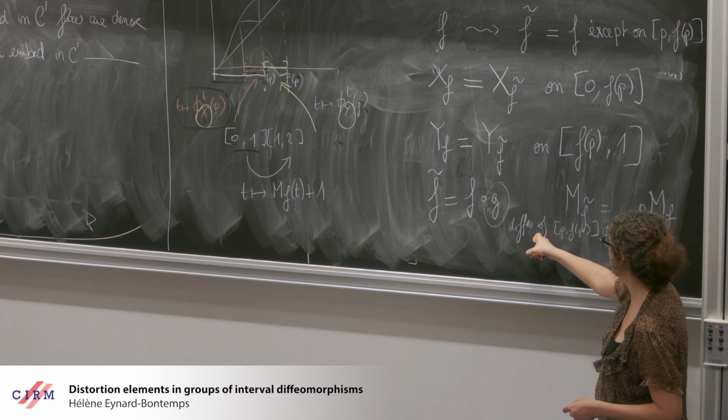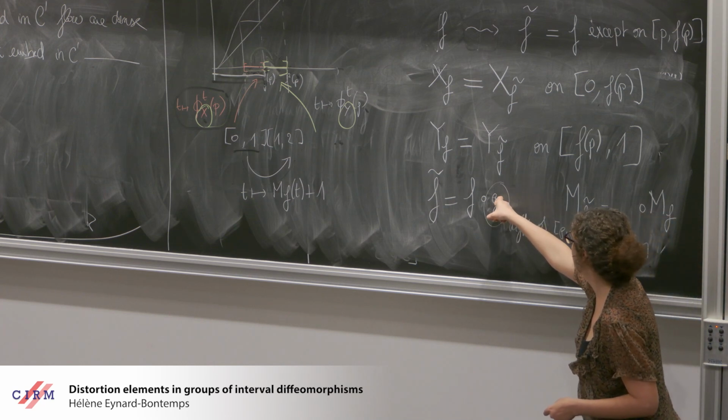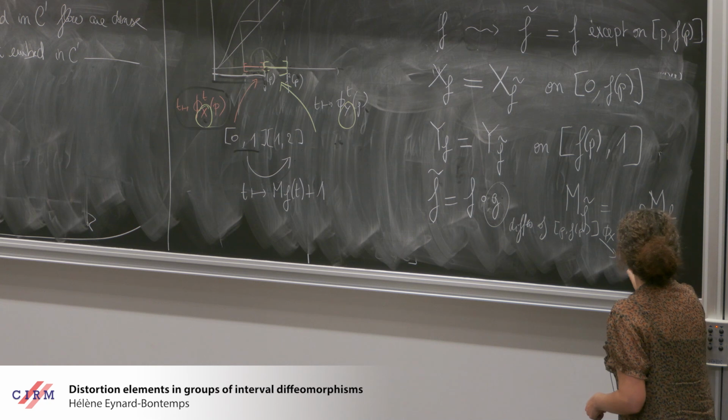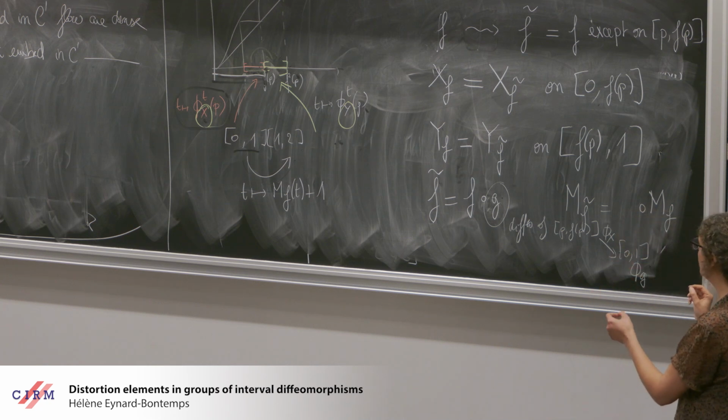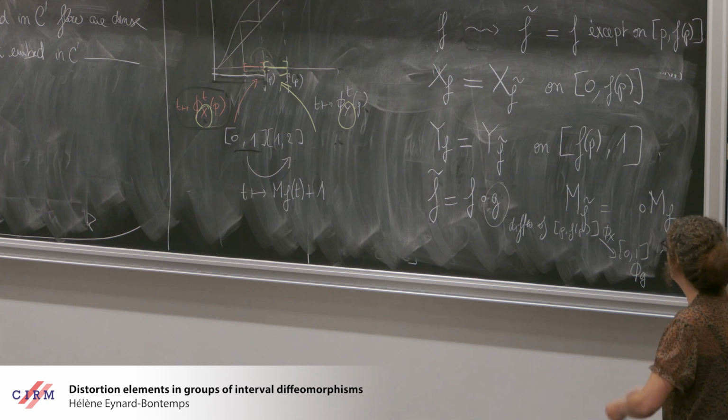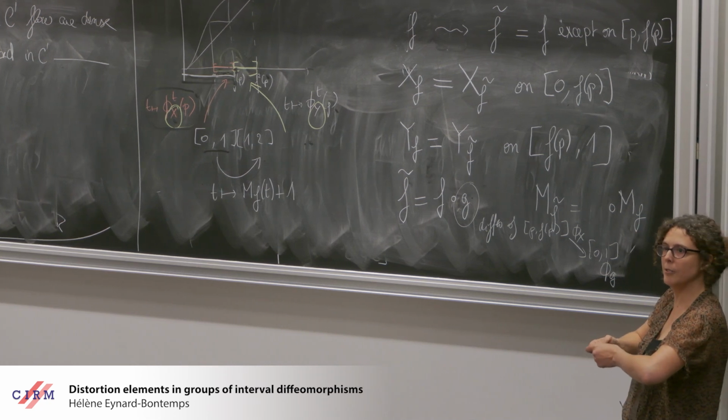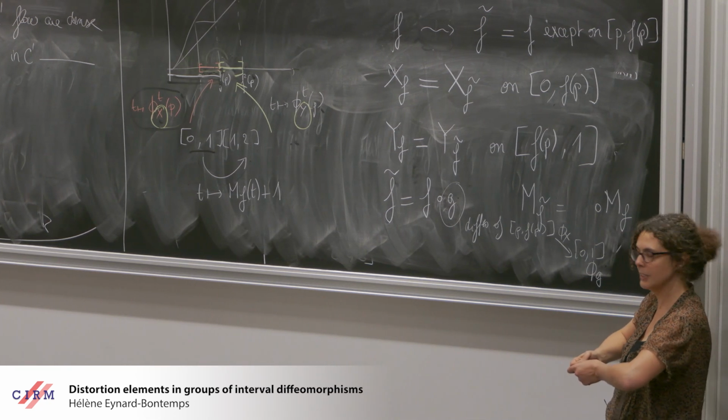So from this G, I can construct a diffeomorphism phi G of 0, 1, which is the identity on the boundary. And I glue the two boundary components, and this gives me a circle diffeomorphism.